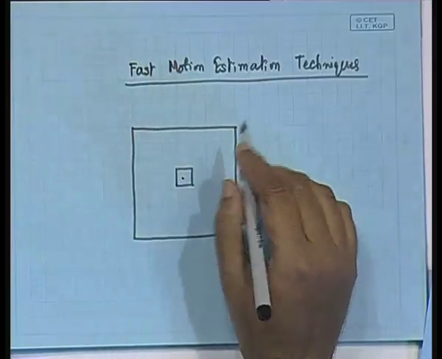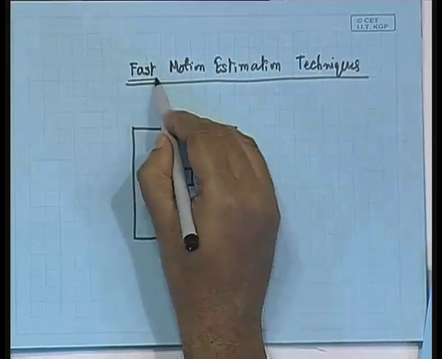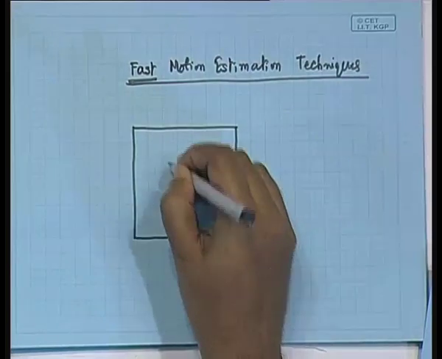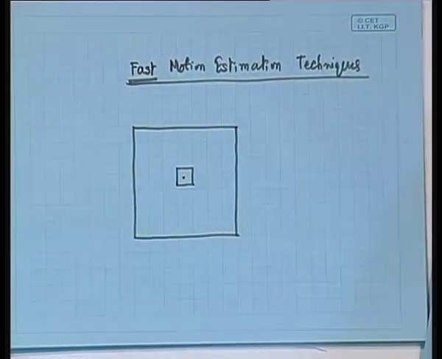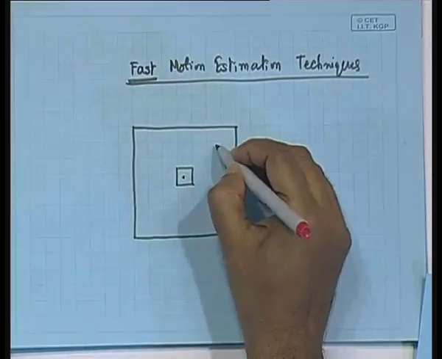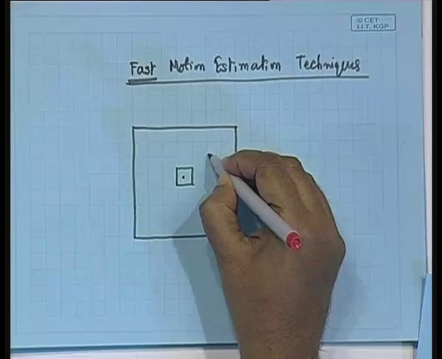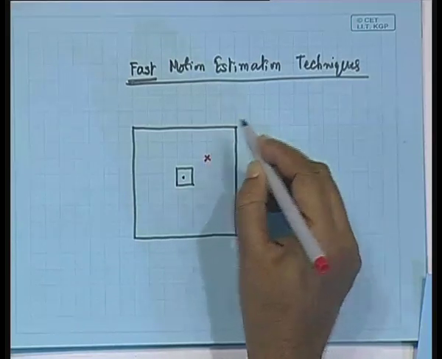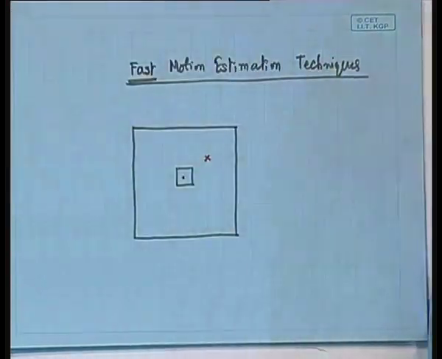So, the heuristic that is applied for the fast motion estimation technique is that as you go away from the actual minimum, let us say that this being the search window and this being the center of the search window, there is some position, let us say over here, where the minimum actually happens.